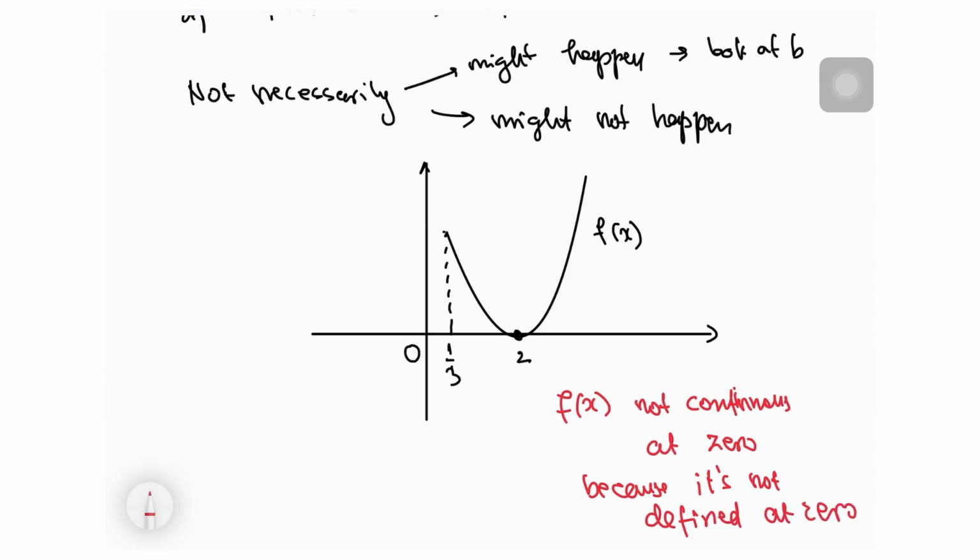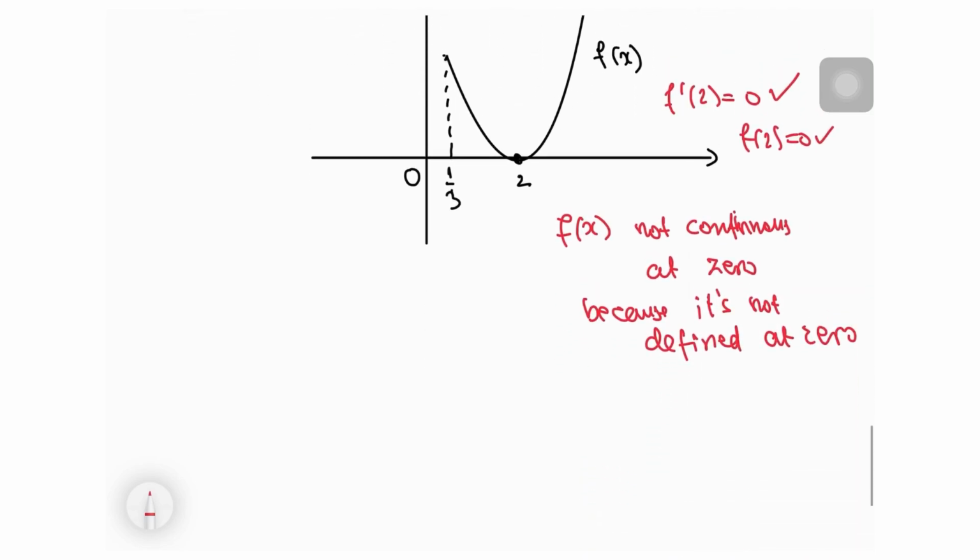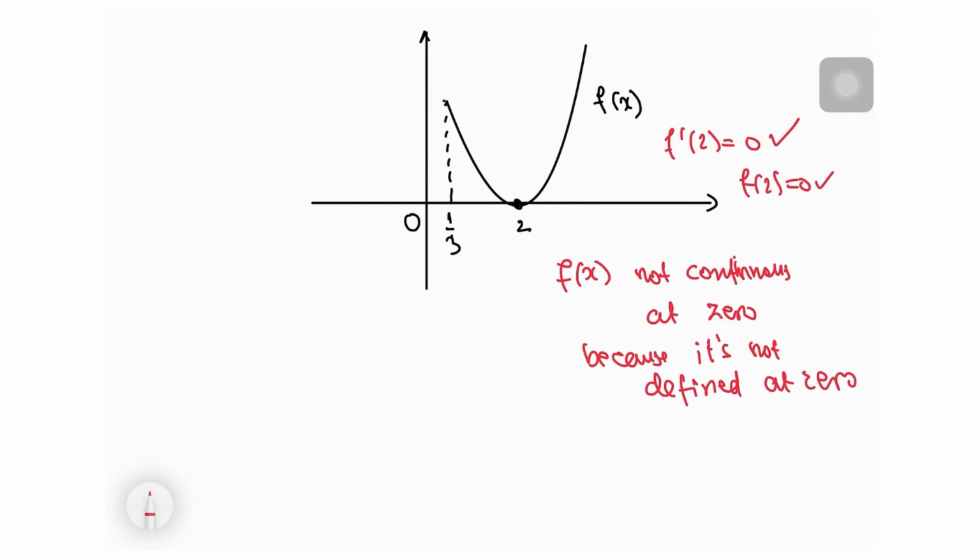Okay, so there is no point of asking whether it is continuous. It's not defined, but the function indeed has f prime of 2 equals 0. This is correct. And even f of 2 equals 0 is correct. So you can always combine the previous solutions.